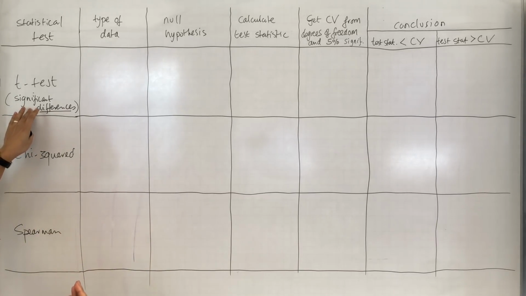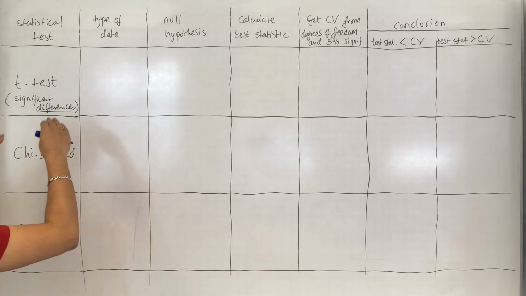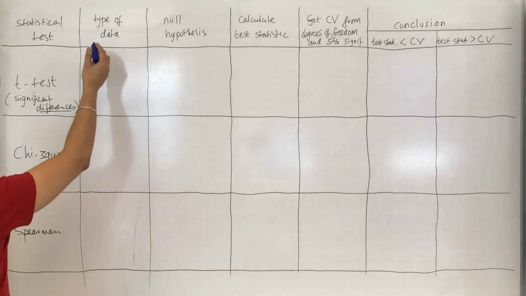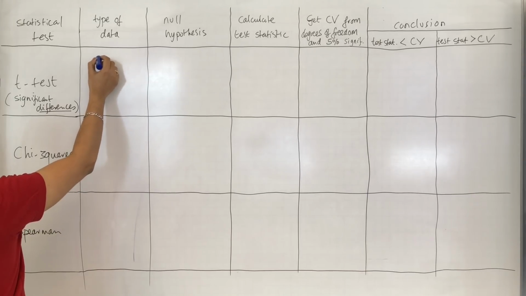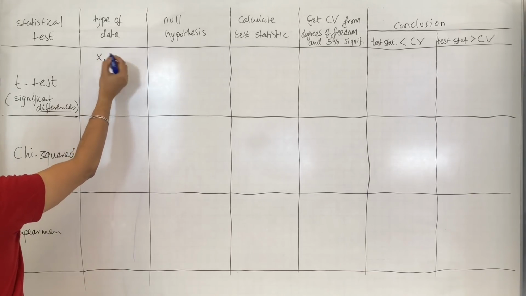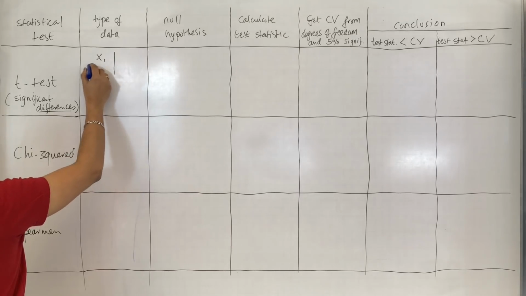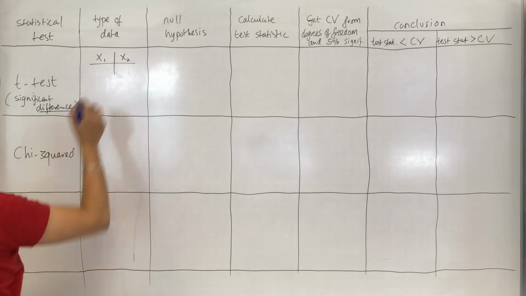You are going to be doing a t-test, usually from a mean of a population. Okay, so the type of data is usually one that I like to say is kind of x of population 1 versus x of population 2.